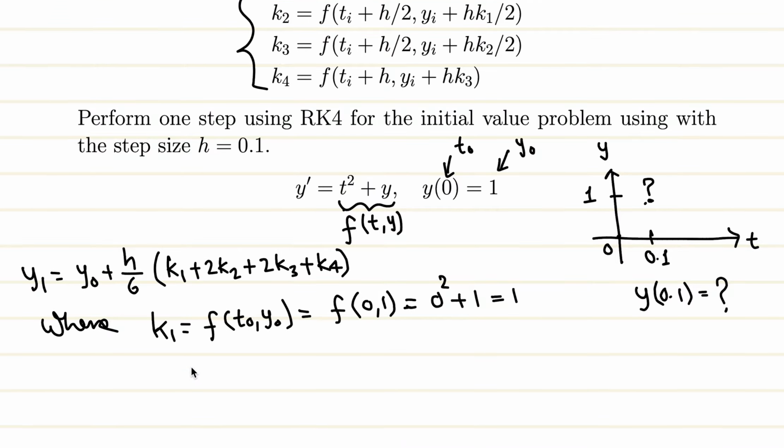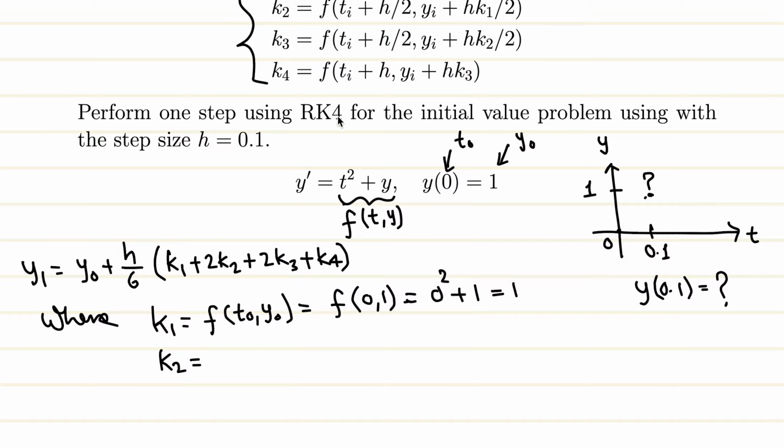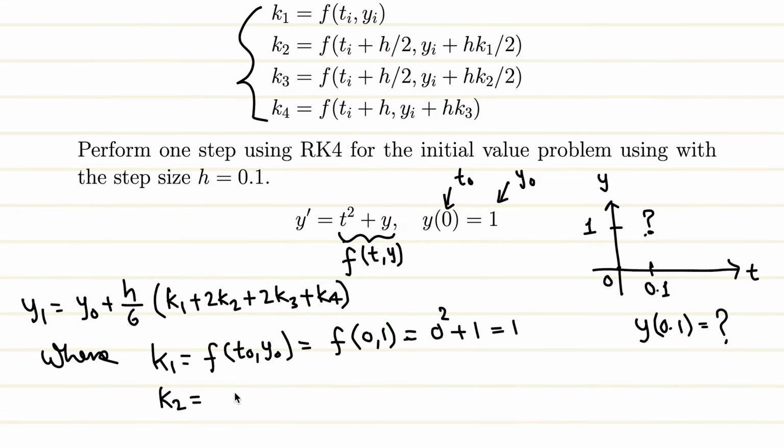So that's k1. In the same way, k2 is f of t_i plus h over 2, y_i plus h k1 over 2, but we are taking i equals 0. So t0 plus h over 2 comma y0 plus h k1 over 2, and k1 is found right here.